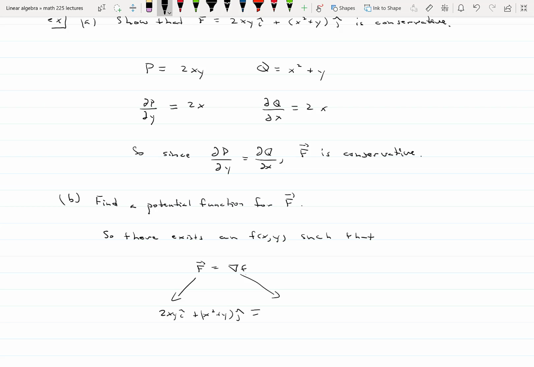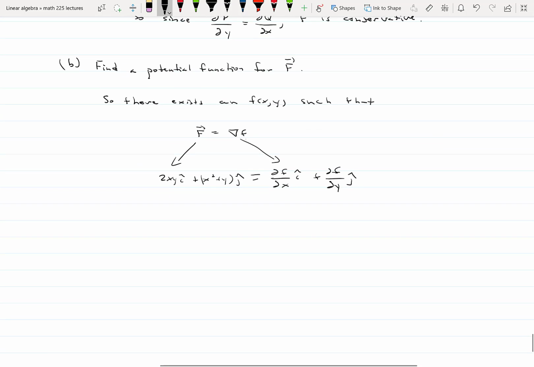And since I have a conservative field, that must equal the partial derivative of the scalar potential function with respect to x i plus the partial of that same function with respect to y j. So set the components of these two sides equal to each other.